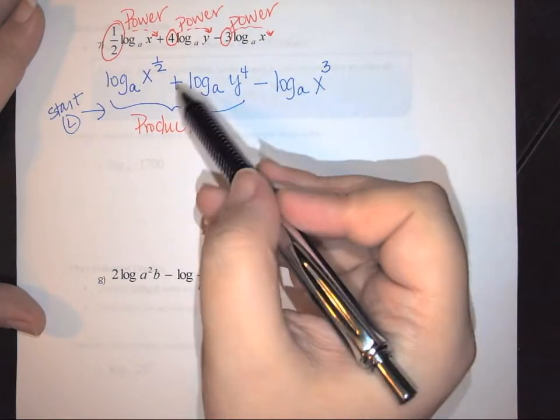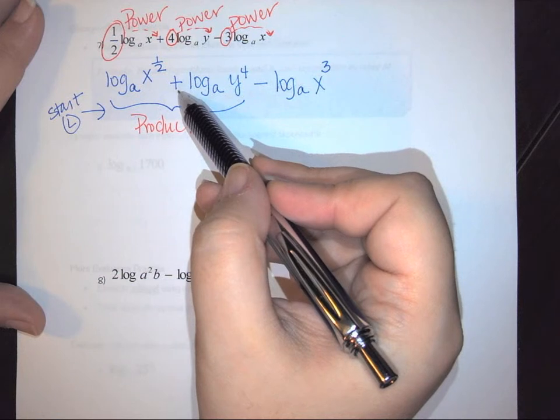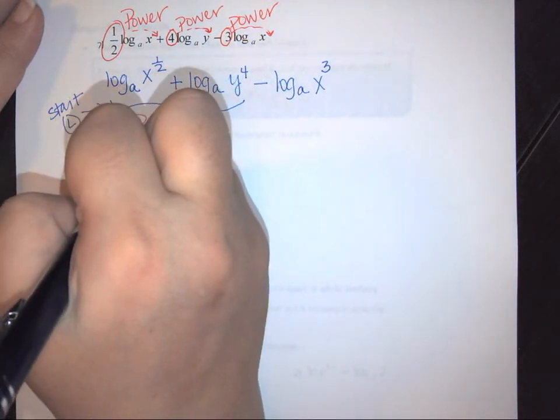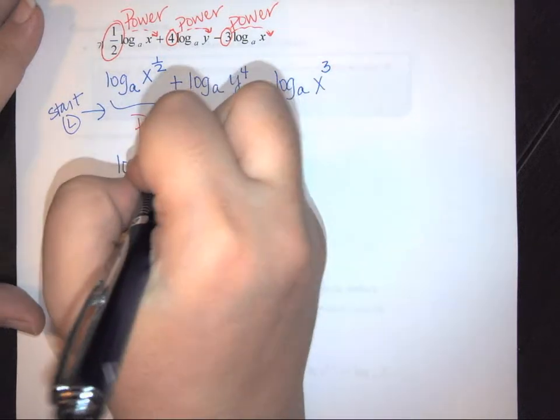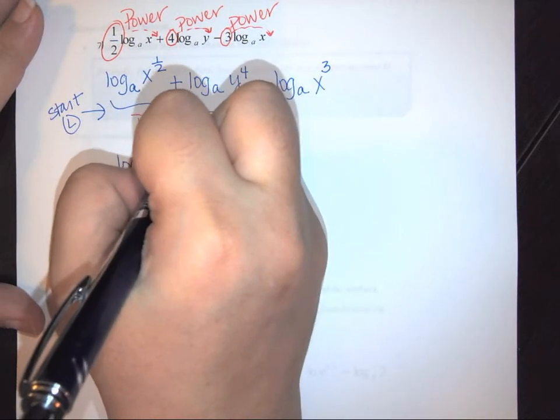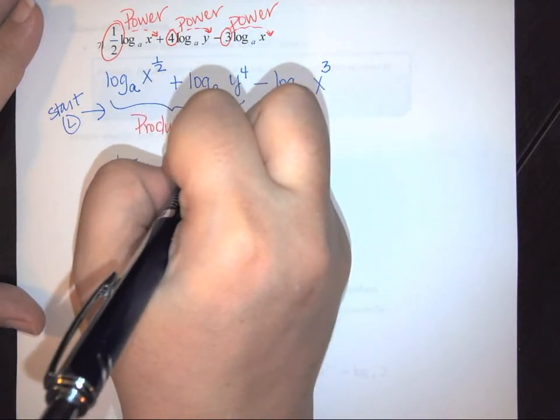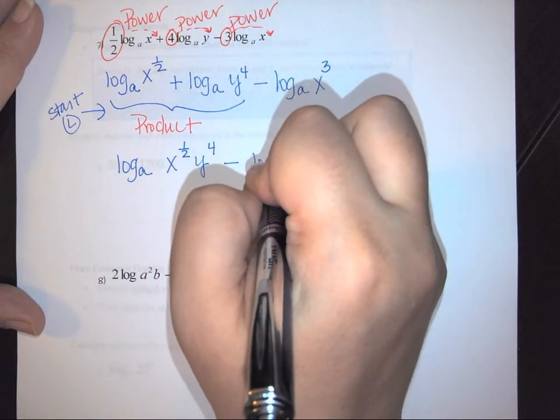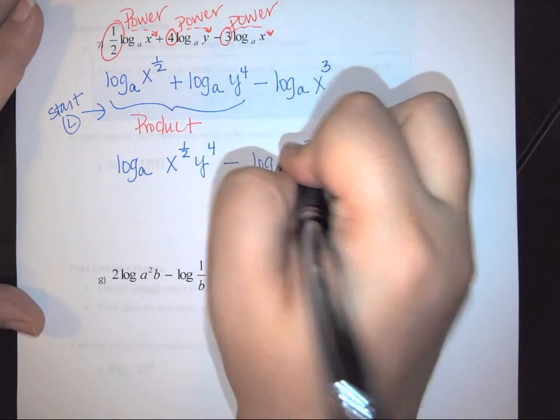So the product rule says I am adding, which means I need to turn it to multiplication. So this becomes the log base a of x to the 1/2 y to the 4th, and then I've got minus log base a of x cubed.